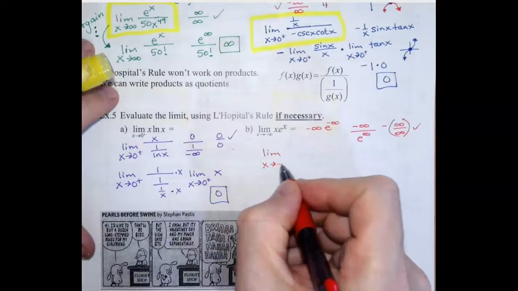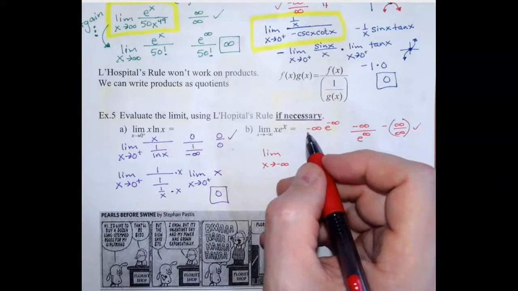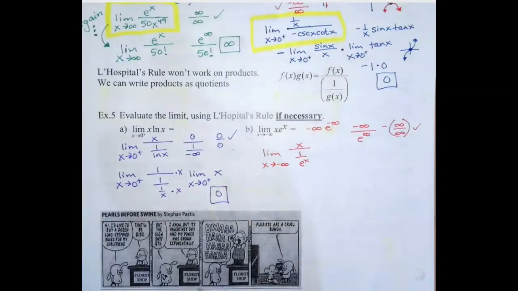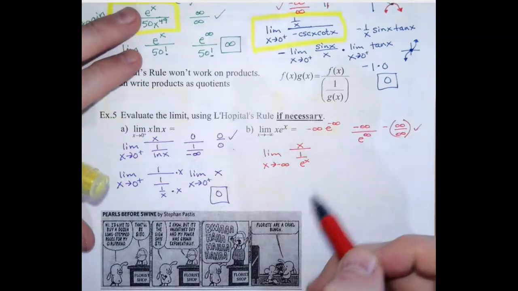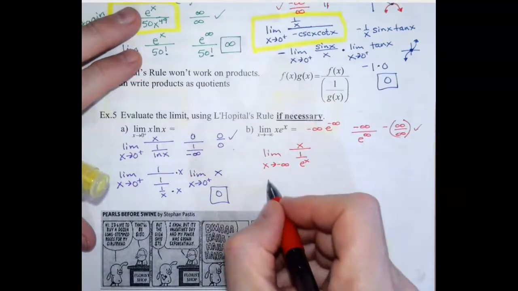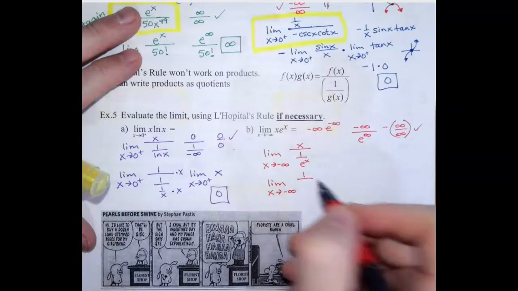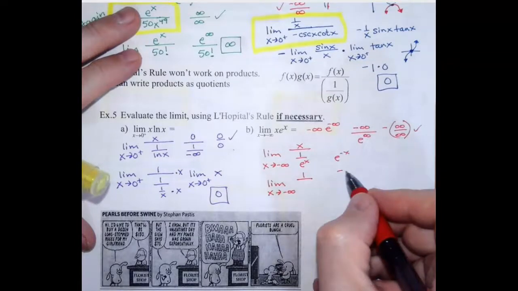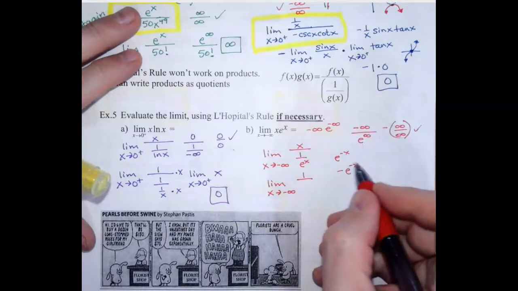So as a quotient, we could rewrite that as x over 1 over e to the x, because that would get us back to here. Okay, so now if we take the derivatives, don't forget to write the quotient of the derivatives, so that would be 1, and this is actually e to the negative x, so the derivative of that is e to the negative x times, right, it's e to the u times du, and du is negative 1.